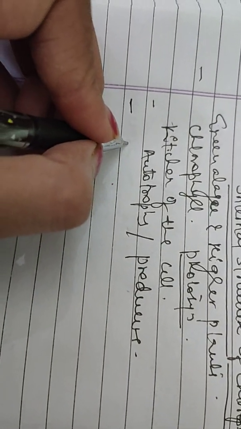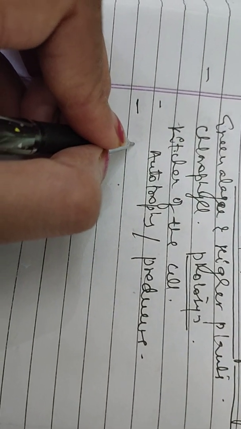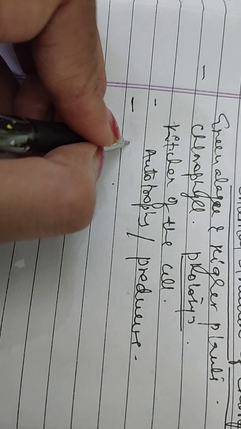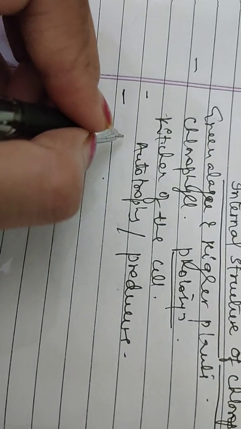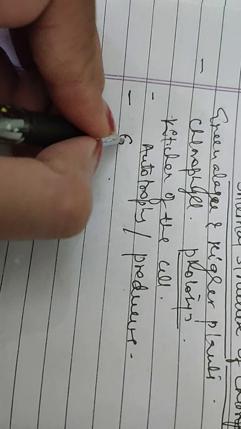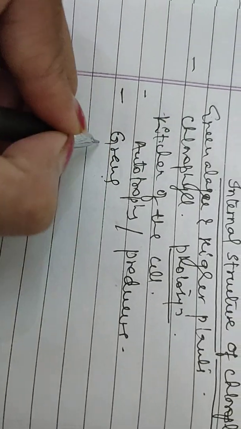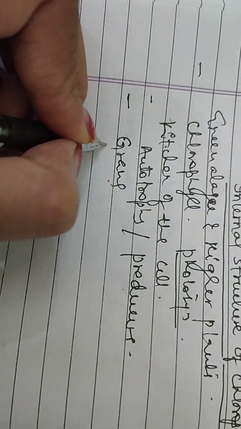Chloroplast is bounded by two membranes, just like mitochondria, and they have grana and thylakoids.